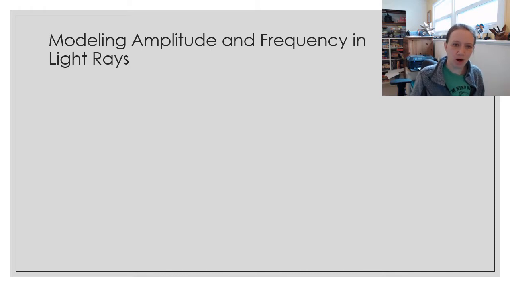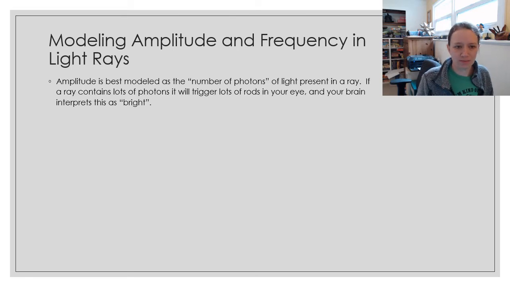Okay, so how do we model amplitude and frequency when we're drawing pictures or just thinking about how those properties that we can detect are represented in waves? Amplitude is best modeled as the number of photons that are hitting your eye. If you have a light ray that has a lot of amplitude or is really bright, it's going to be a light ray that contains many of these photons.